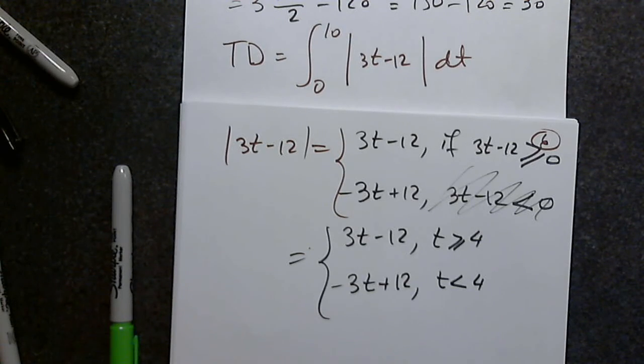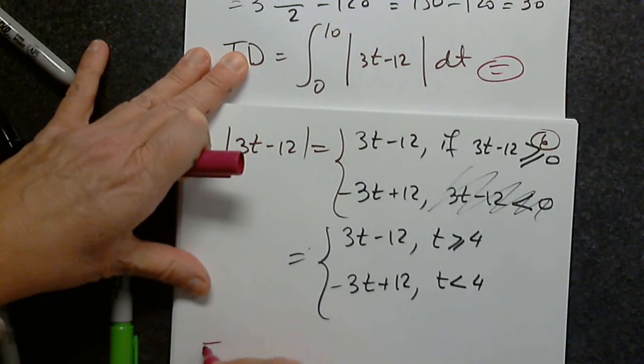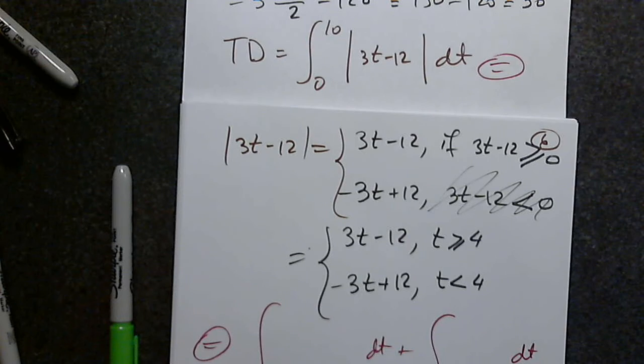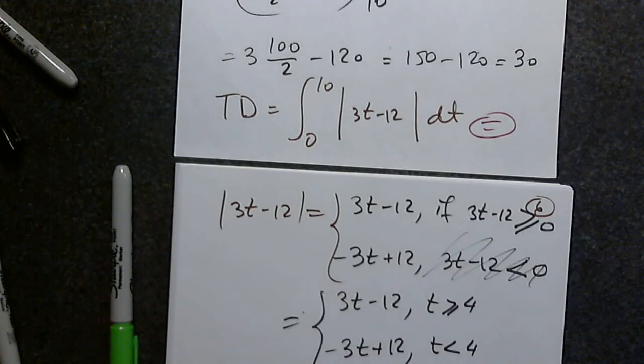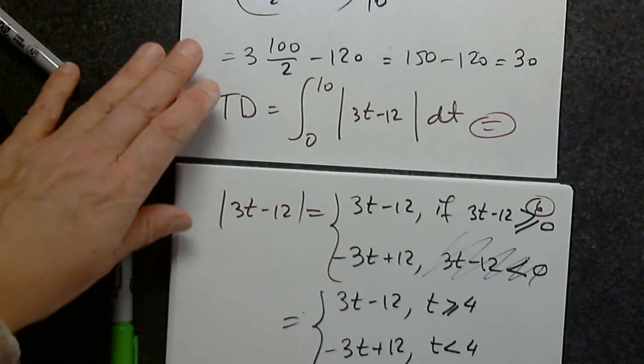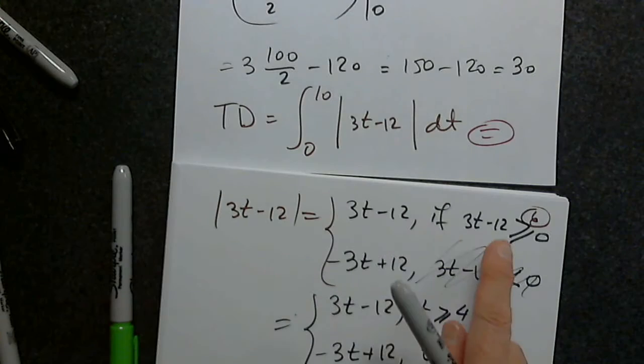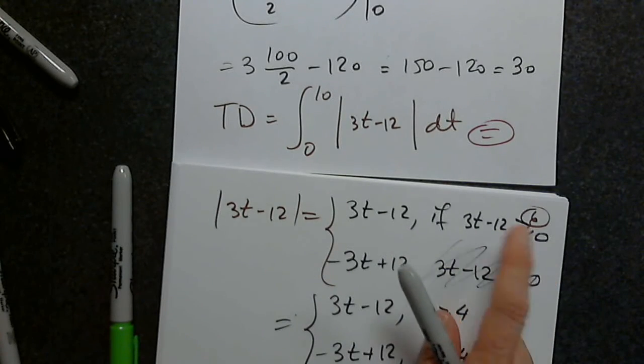That obviously gives us two integrals. Of course, dt and dt. So remember, the integral was from 0 to 10. And we have to break it up where? At 12 divided by 3.